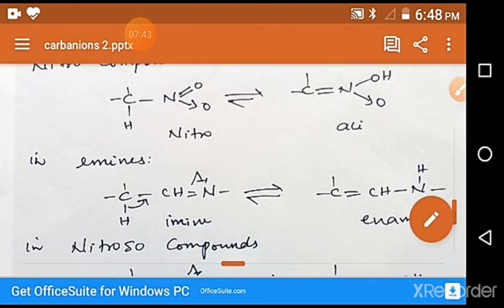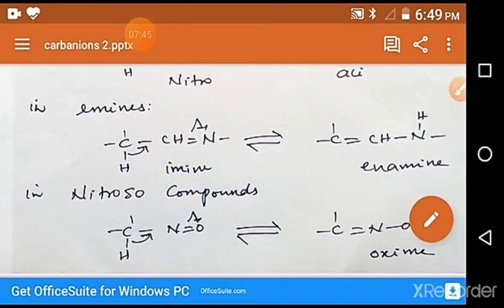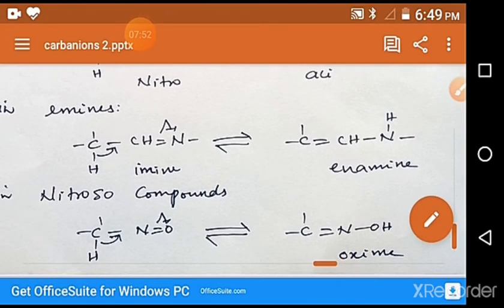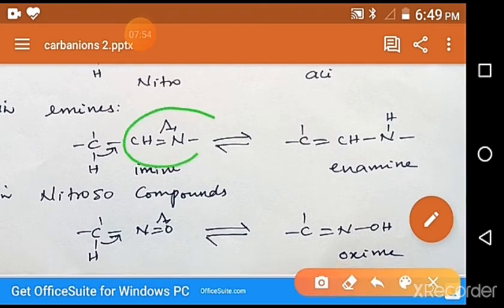Coming to the next example, imines. So CH double bond N is called the imine group. Imines which contain alpha hydrogen also exhibit tautomerism. It is imine, and it is enamine.